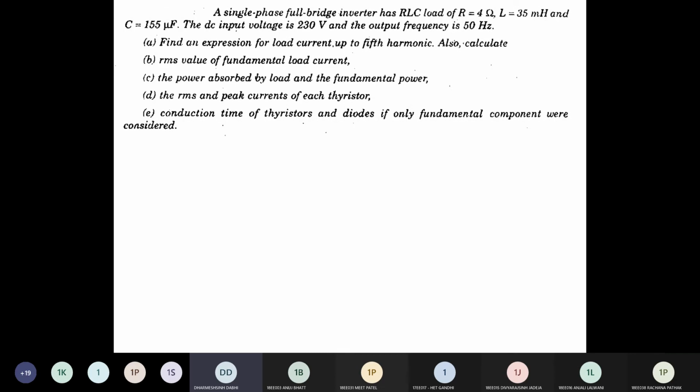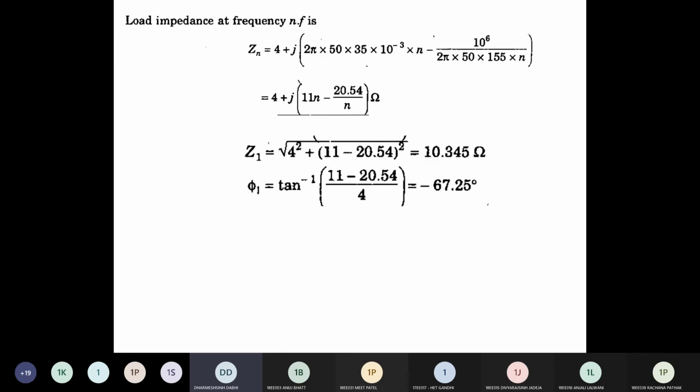Calculate this. Yes, anyone? So let's see the answer.